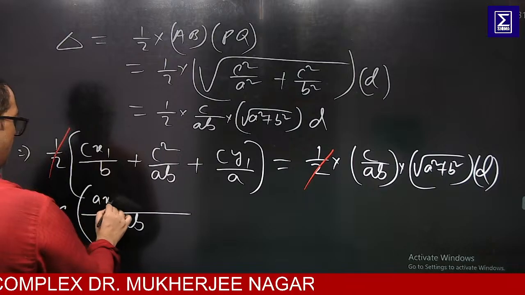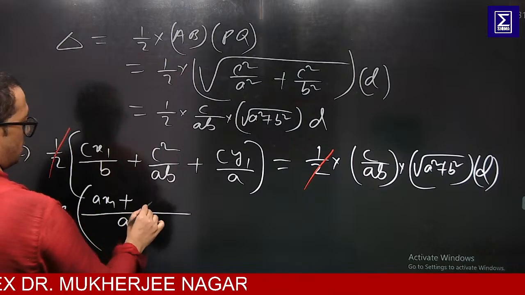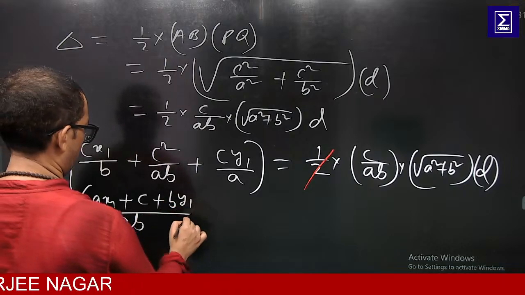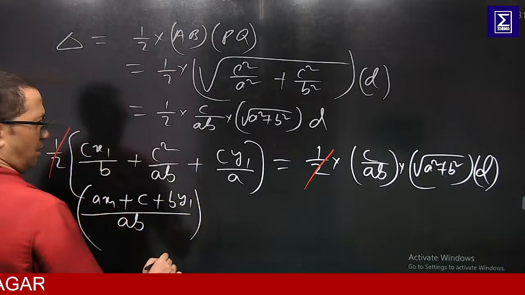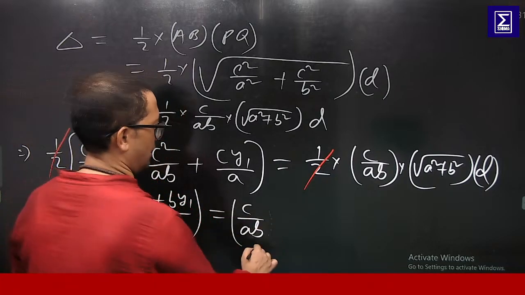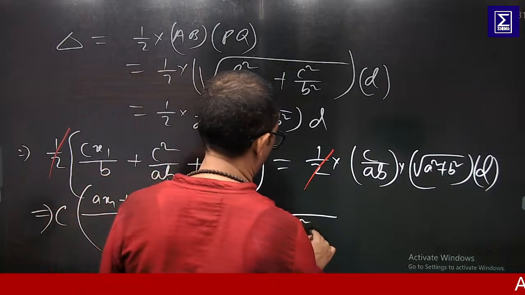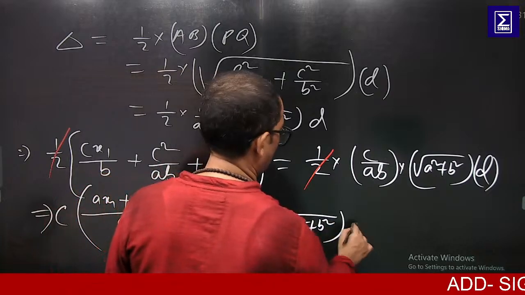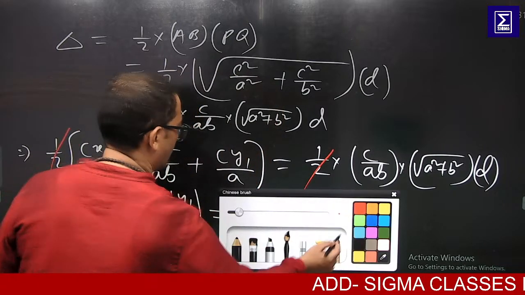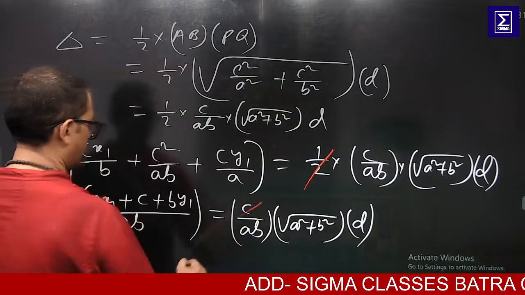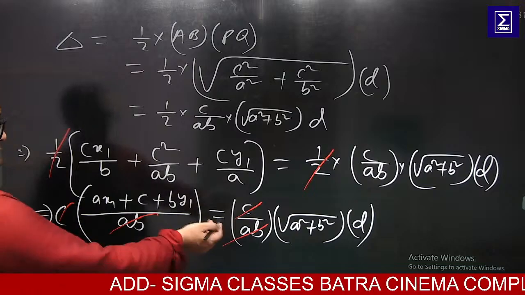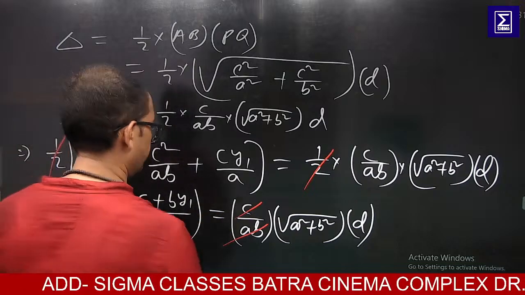So A x1 plus C plus B y1 is equal to C upon AB times root under A square plus B square times D. Here, C and C will get cancelled on both sides, AB and AB also get cancelled. We are left with nothing but the formula itself.